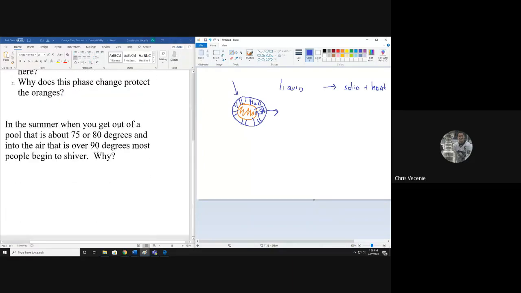The second one said in the summertime when I am in a swimming pool, the pool is say 75 degrees, but we went swimming because it's really warm outside, say 95 degrees.